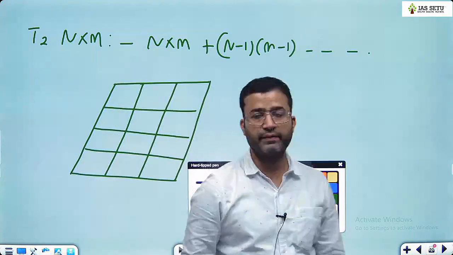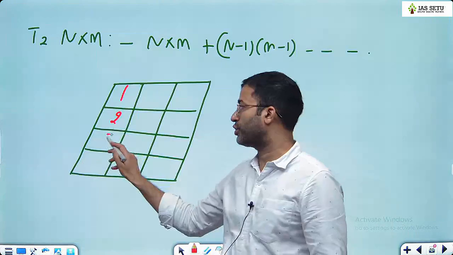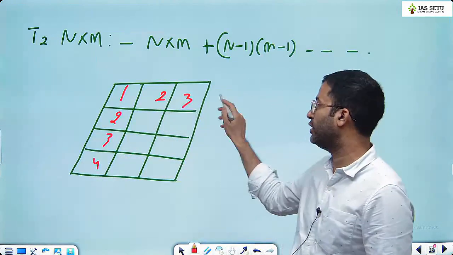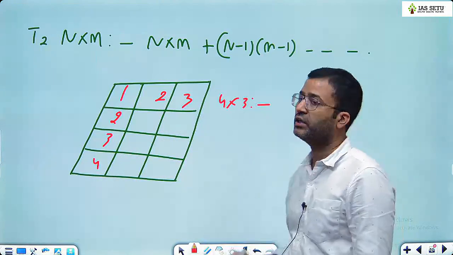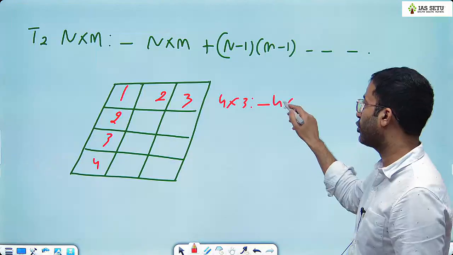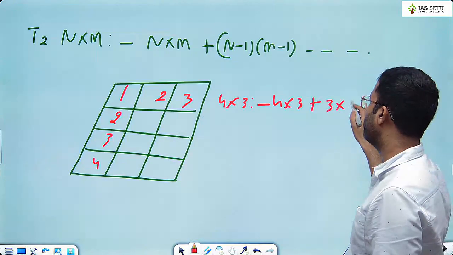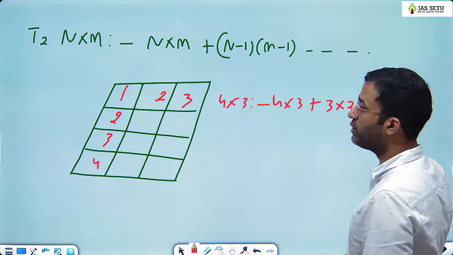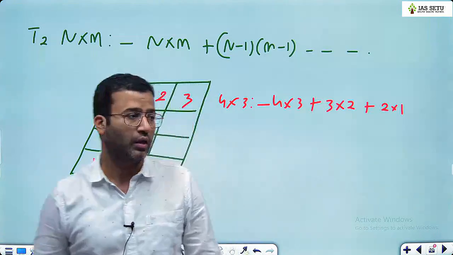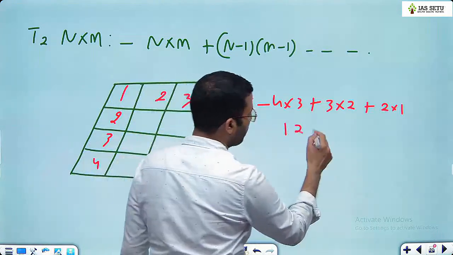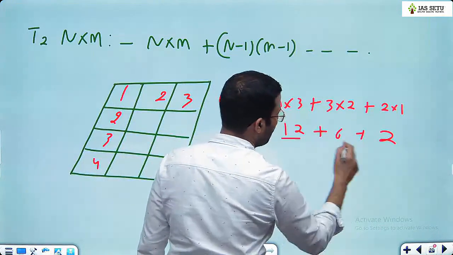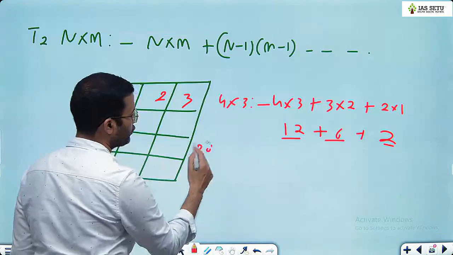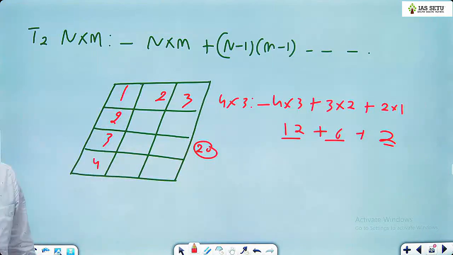See, first we will name this figure. This is 1 2 3 4, 1 2 3. This is 4 by 3. According to our short trick, 4 into 3 plus 3 into 2 plus 2 into 1 plus 1 into 0. So what we get? 12 plus 6 plus 2, 18 plus 2, 20 rhombus are there in the given figure.